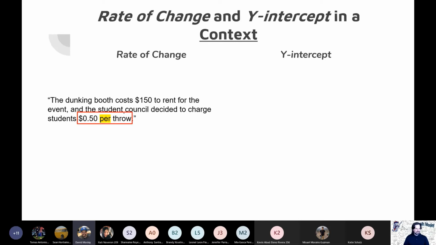We see the rate of change as this right here, the 50 cents per throw, right? 50 cents por throw. It's the word, la palabra por, right? That goes with rate of change.